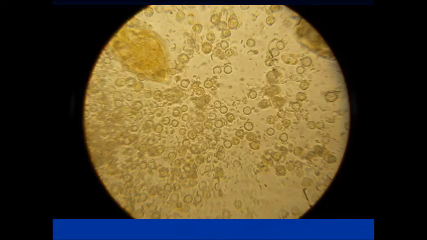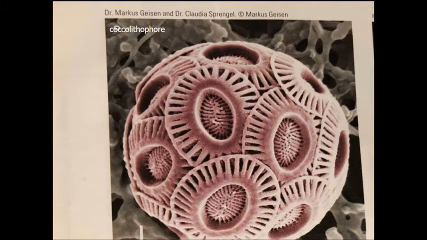And this is typical of what I saw when I put it on very high power. Those little round circles are a thing called a coccolithophore that also changes the water color the same way. Go to the next slide. And this is what that looks like under an electron microscope. Very small, and they look like a Star Wars Death Star.